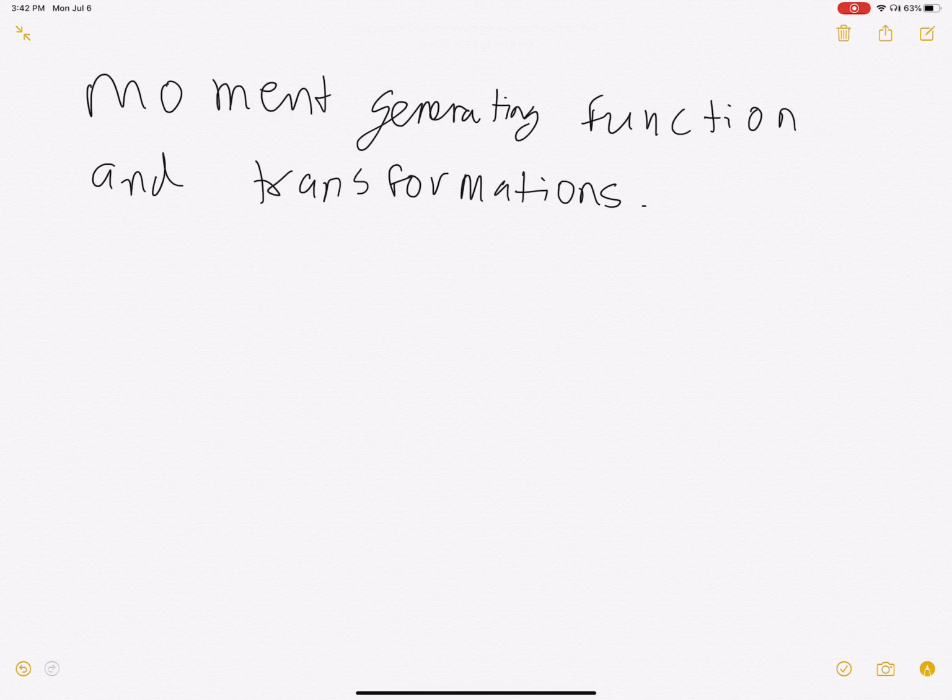Okay, so of particular interest, we're going to be looking at theorem 7.3.1, and it says this.